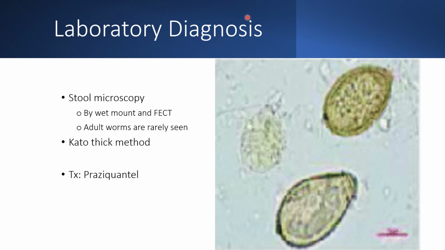So you observe the abopercular knob, no, for your Clonorchis, and then absence naman siya with your echinostoma. Okay? So, perform Kato-Katz method for quantitation of eggs and treatment praziquantel.